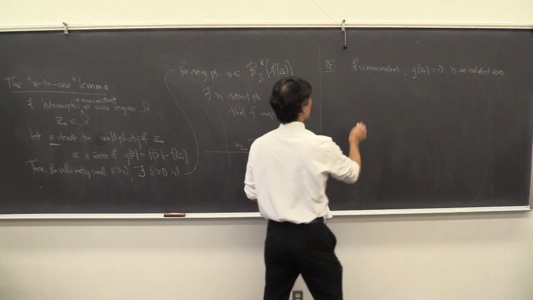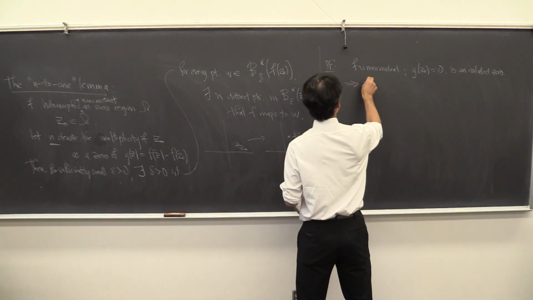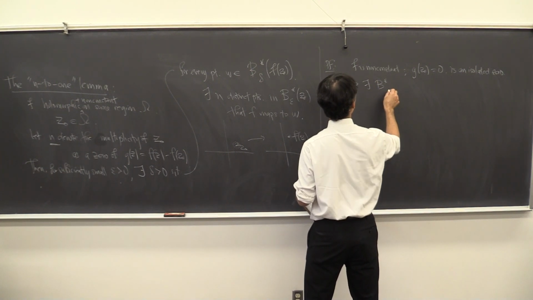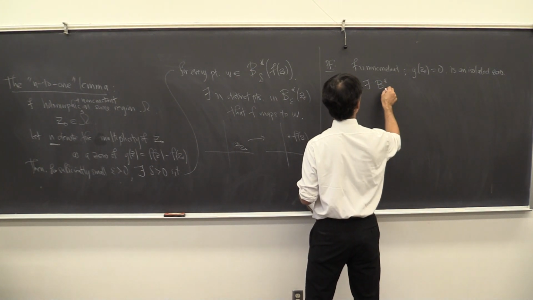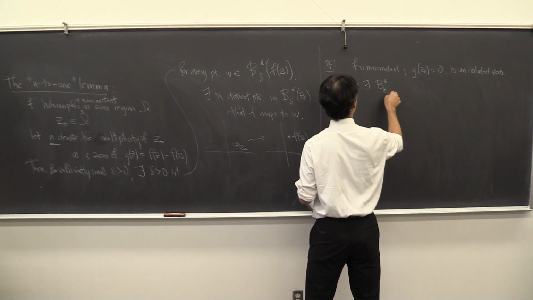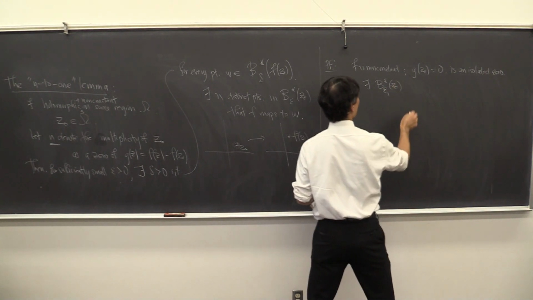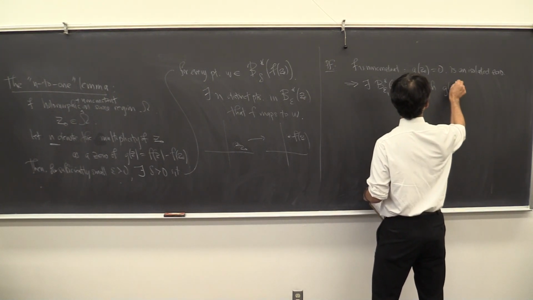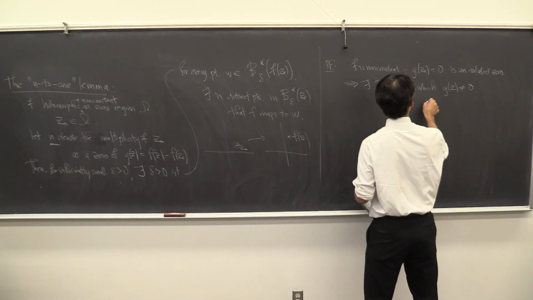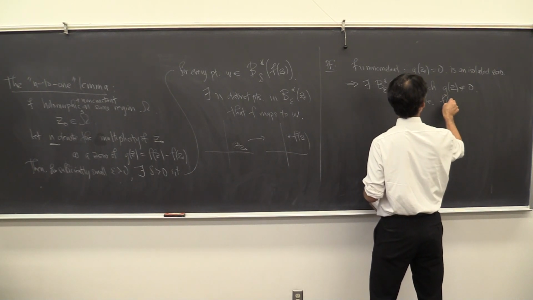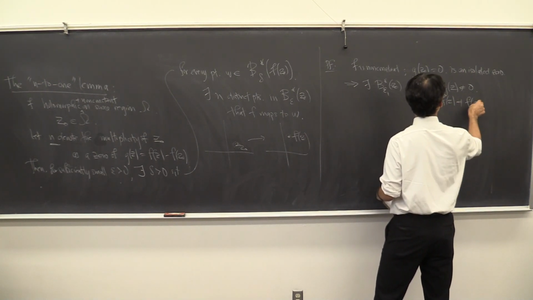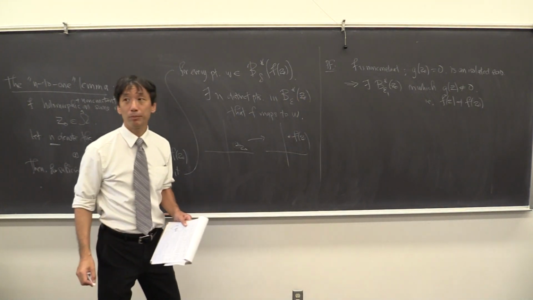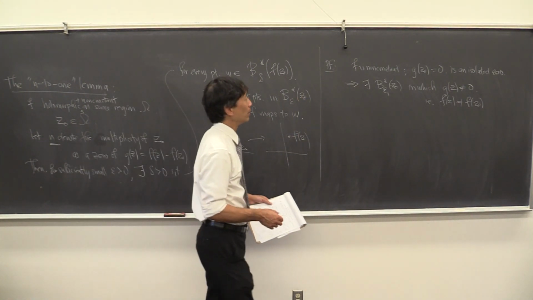So there exists a neighborhood around z naught in which g of z is non-zero. In other words, f of z is not f of z naught. So choose some neighborhood like that.